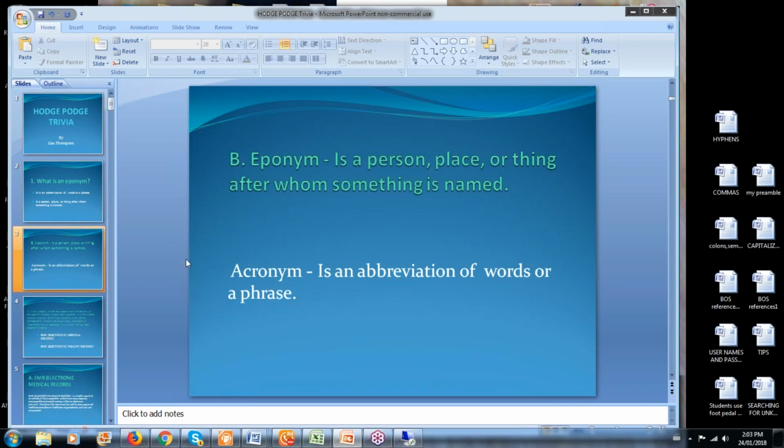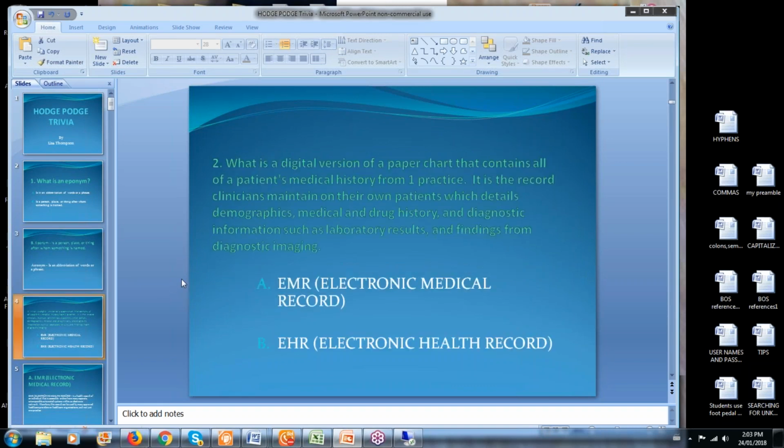Okay, so the next question is, and that's a long one. Number 2, what is a digital version of a paper chart that contains all of a patient's medical history from one practice?